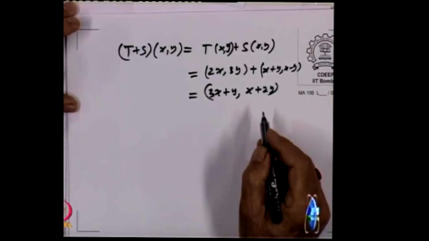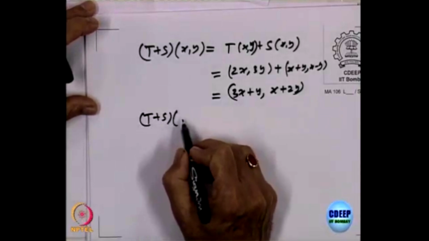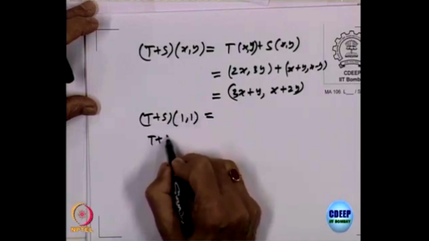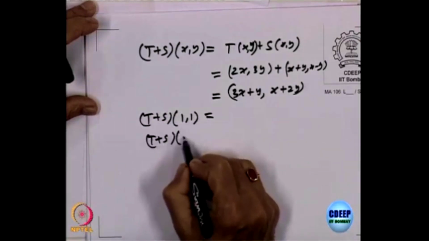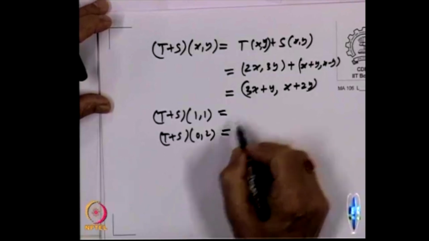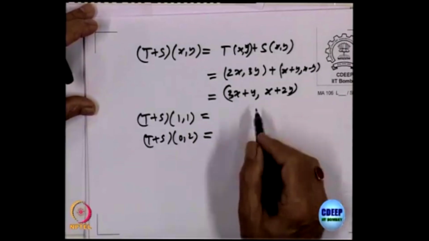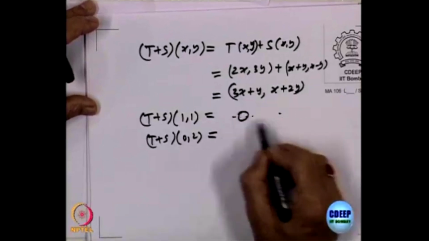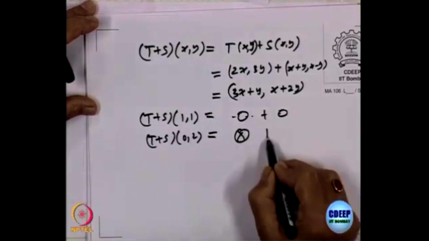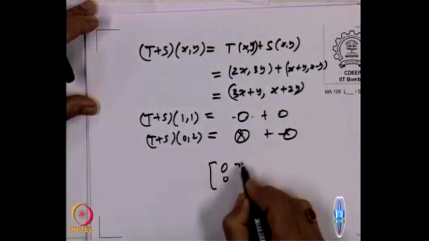Once we have that, we have to find T plus S of the basis elements. So for C, what is T plus S of (1, 1)? And what is T plus S of the second element, (0, 2)? Find these as linear combinations of the basis, so you will get some vector here and some vector there.